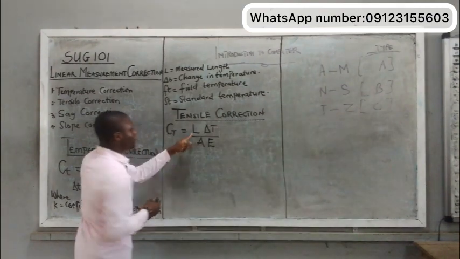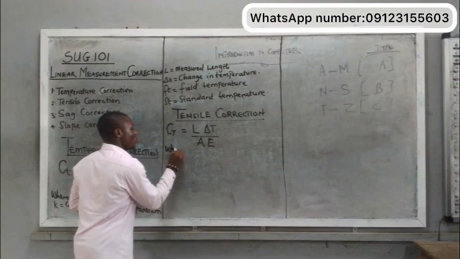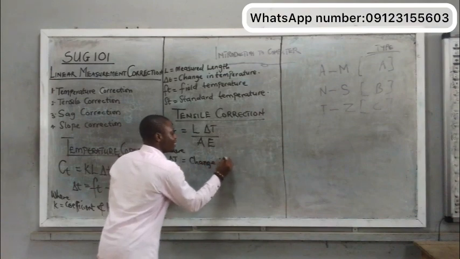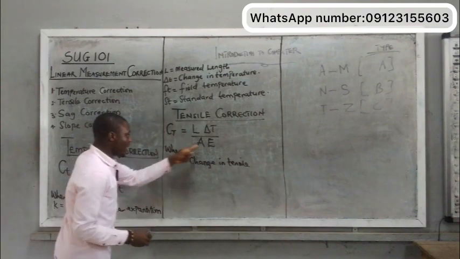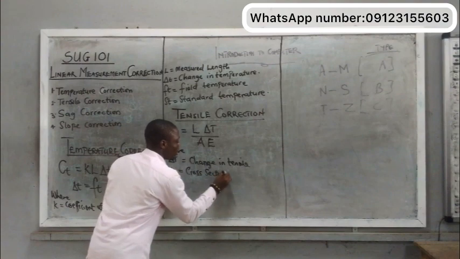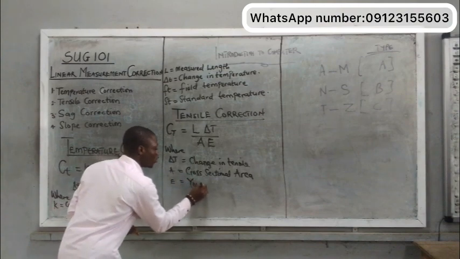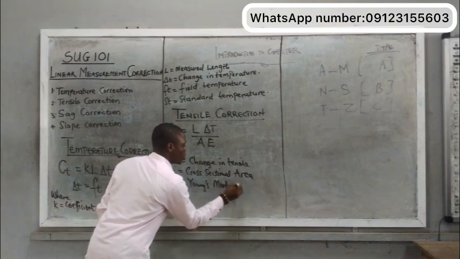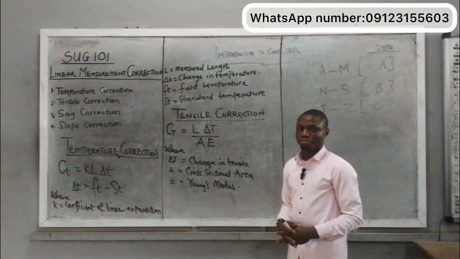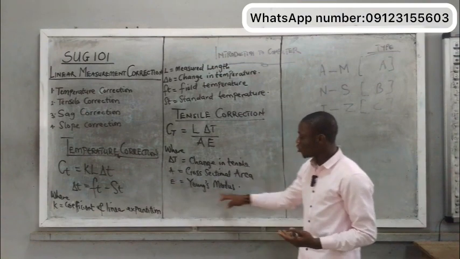Let's define these. M is the measured length, ΔT is the change in tensile, A is the cross-sectional area, and E is Young's modulus.